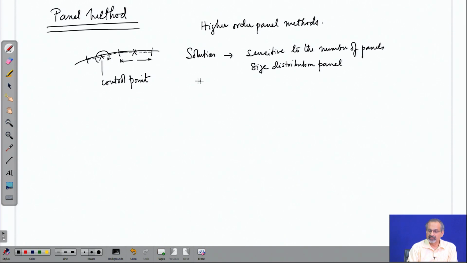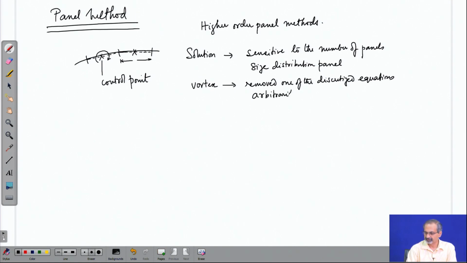And then additionally, for the vortex based panel technique, you remember that we removed one of the discretized equations arbitrarily. Depending on this arbitrariness, the solution can become quite erroneous again, depending on which particular equation we are removing.